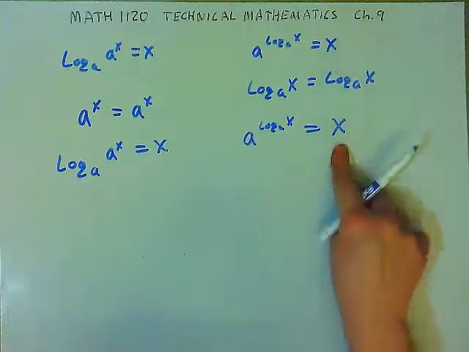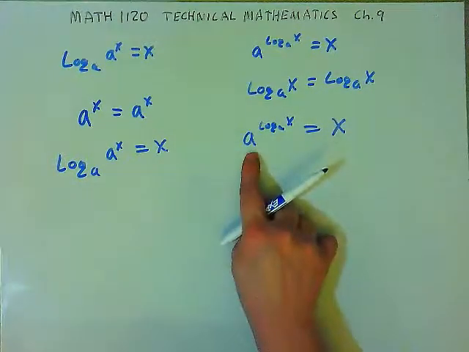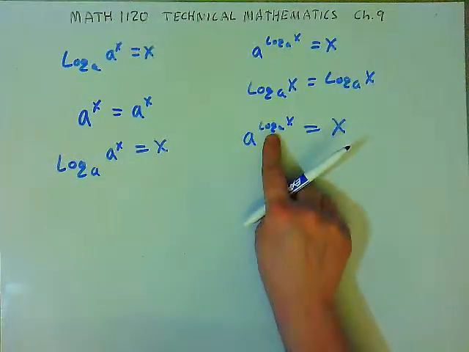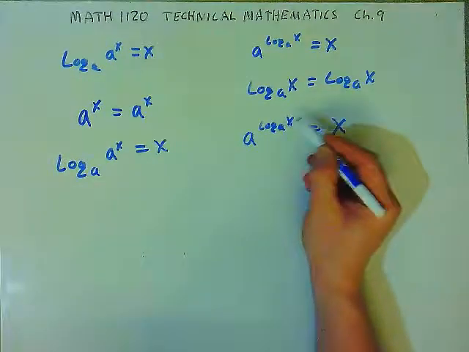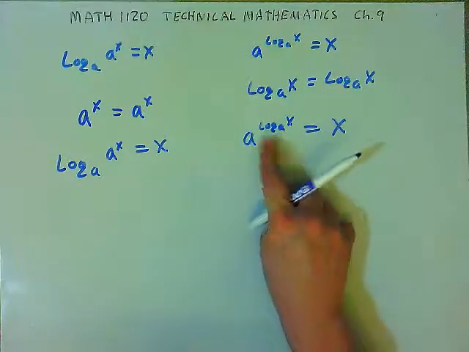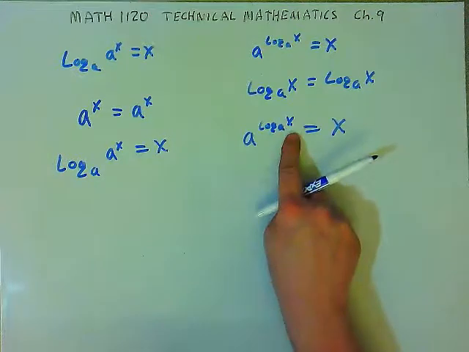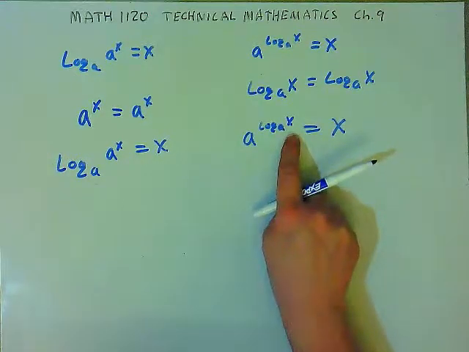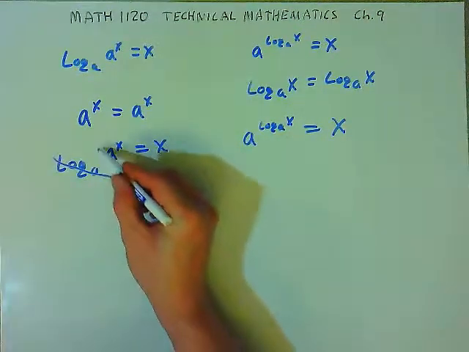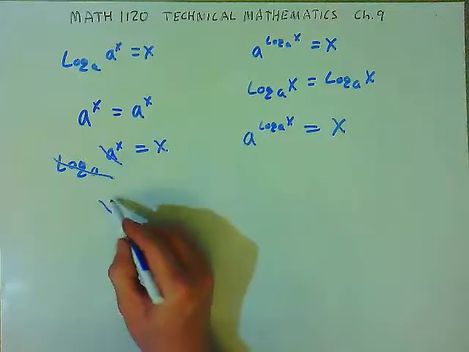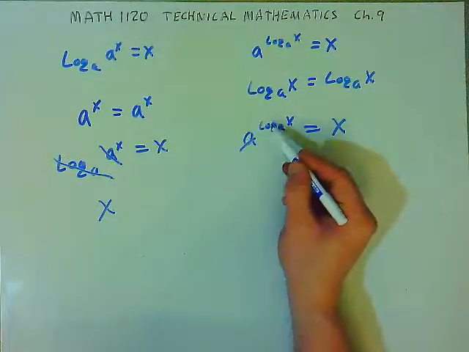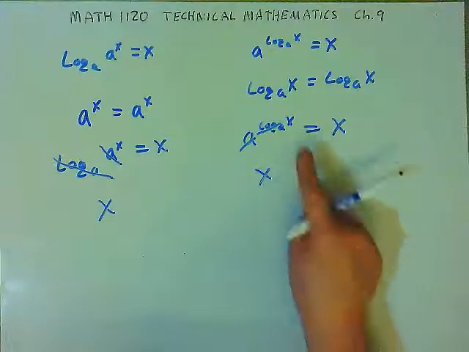And that's exactly what the identity says. And so again, if we have the base a raised to a logarithm of the same base a, the a base and the logarithm base a will cancel, and we're going to be left with that argument, which is x. And so here, the logarithm of a cancels the a, and we're just going to be left with x. Here the a and the logarithm base a cancel, and again we'll be just left with x.